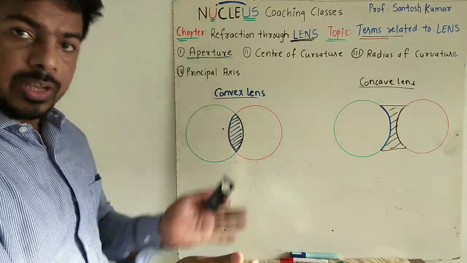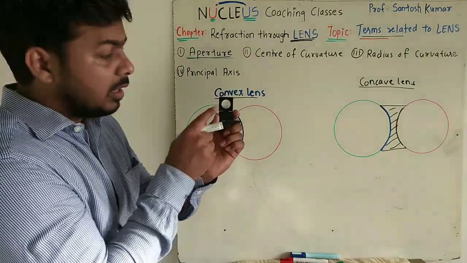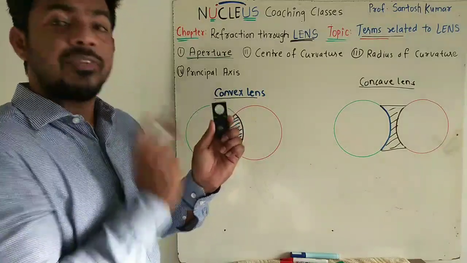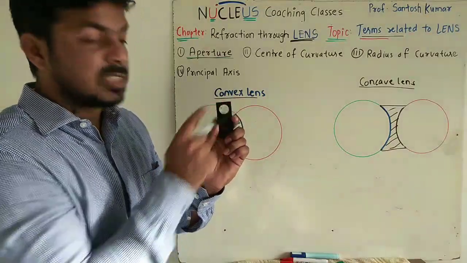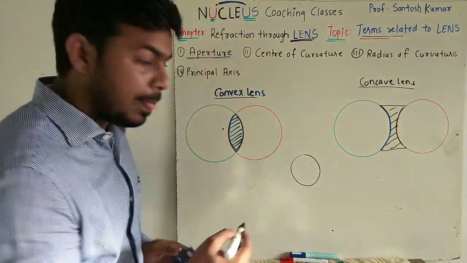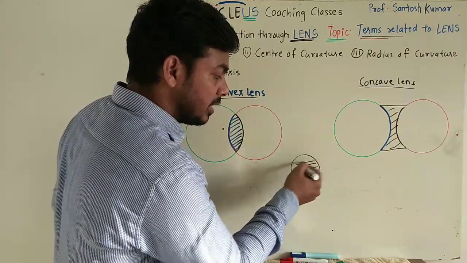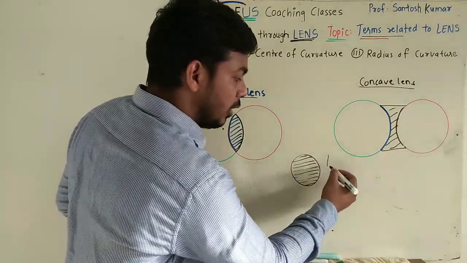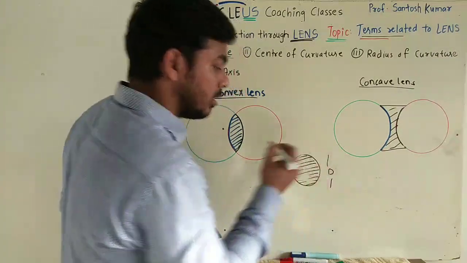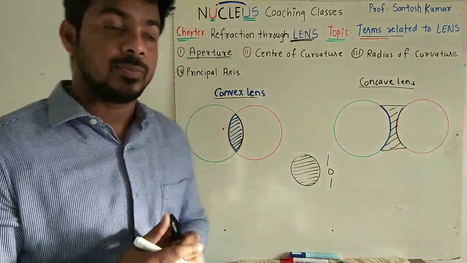So from the sphere, only this much portion forms the lens, and the refraction of light can take place only through this much portion. That means if I have a lens like this, the light can refract through this given surface, and the effective width or the effective diameter of this surface through which refraction of light takes place is called aperture.